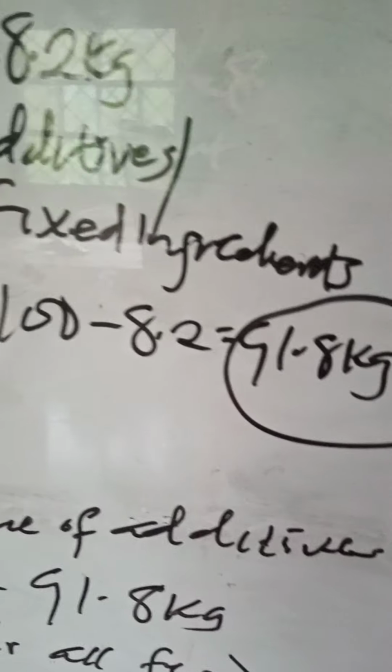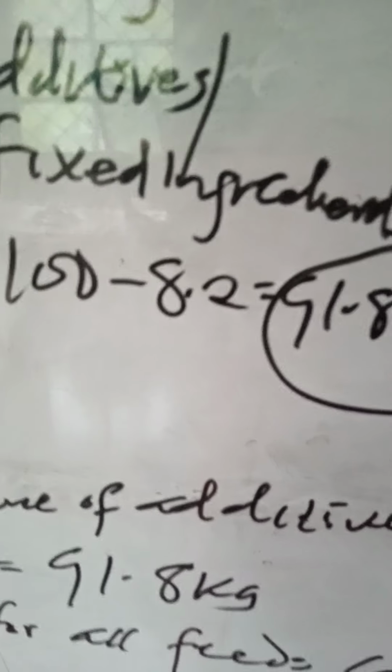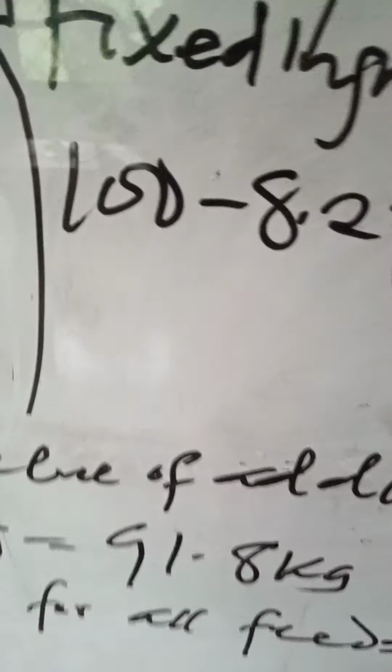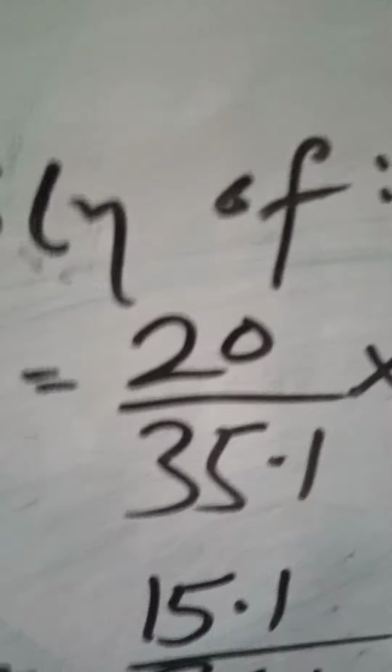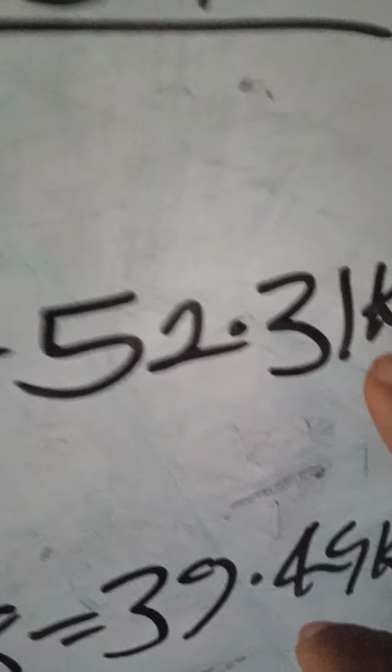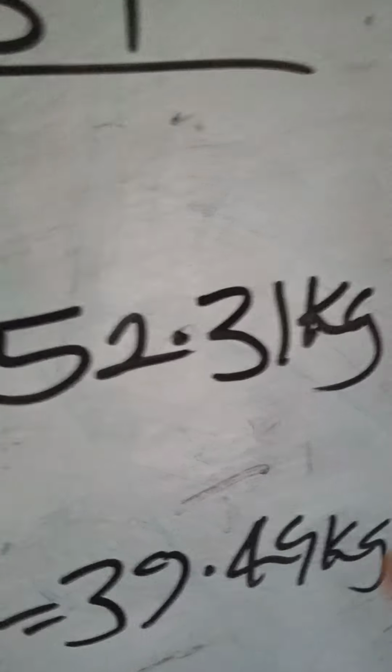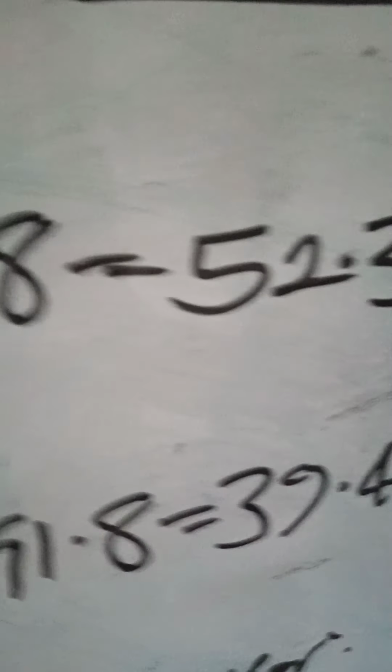That is the total value of the additives subtracted from the standard in feed formulation, which is 100. So from here, you now get SBM 15.1. Maize now 20 over 35.1 times 91.80. You get 52.31 kg. That is the value for maize in this formula.